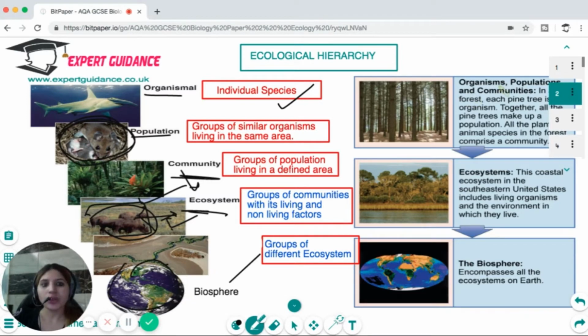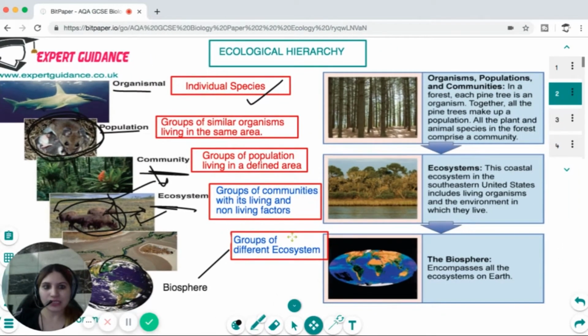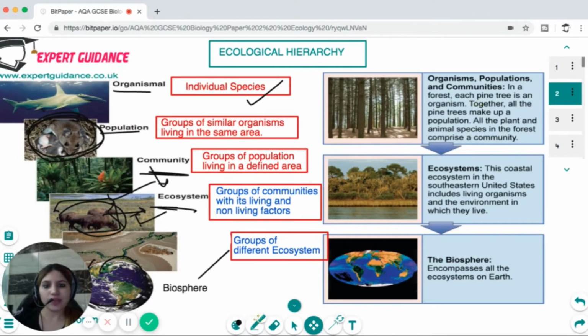So, organisms, populations and communities. In a forest, each pine tree is an organism. Together, all the pine trees make up a population, and all the animal and plant species in a forest make a community.